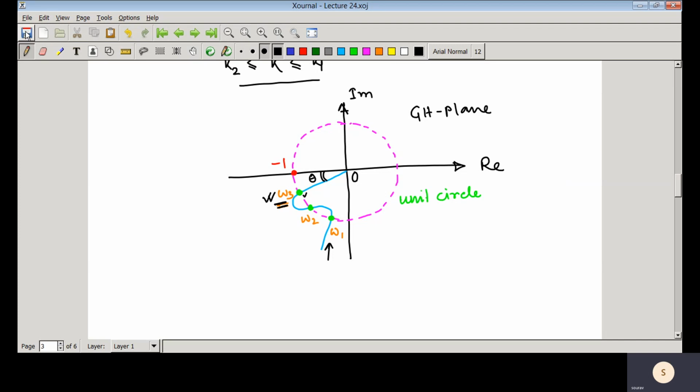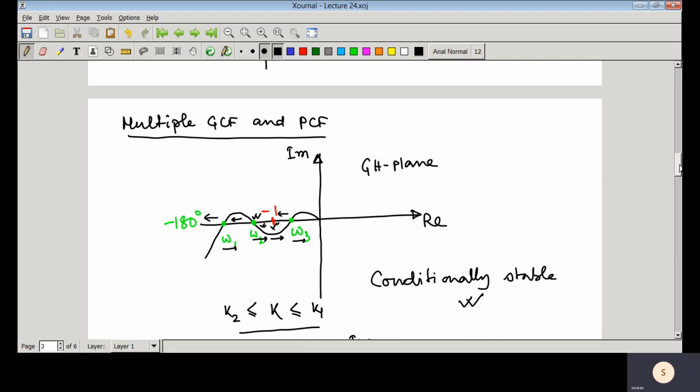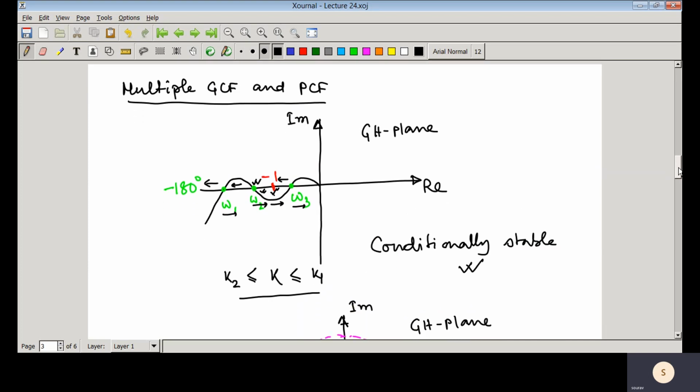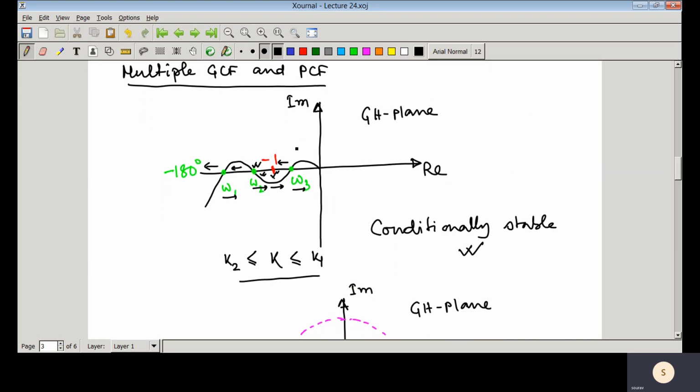So here we have discussed 2 things. Whenever you have multiple phase crossover frequencies, this is a conditionally stable system, which means we can vary the gain only in some range.